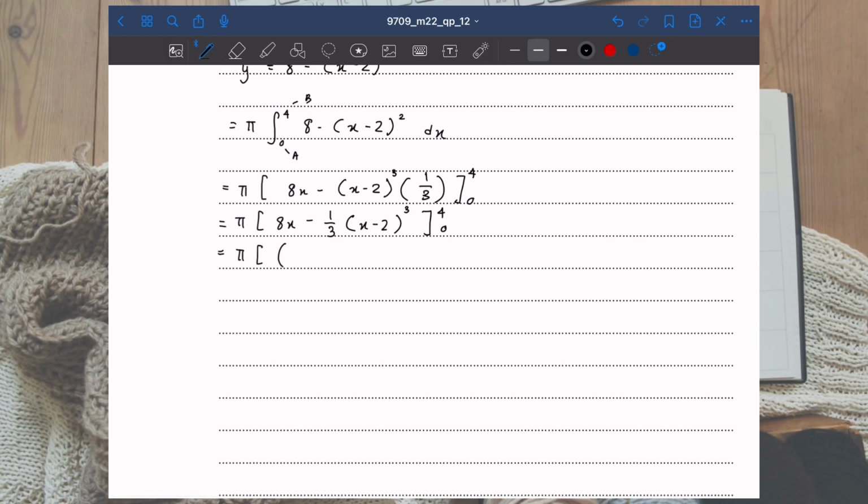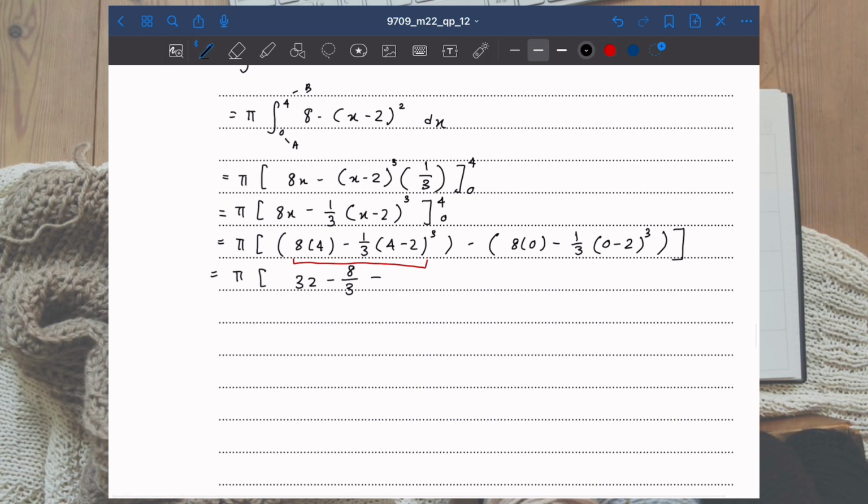First we have 8(4) − (1/3)(4 − 2)³, minus [8(0) − (1/3)(0 − 2)³]. For this value, we'll get 32 − 8/3, minus 8 times 0, which is 0.